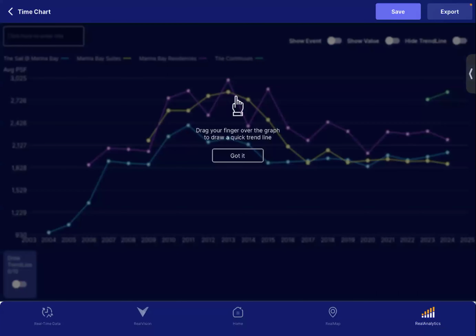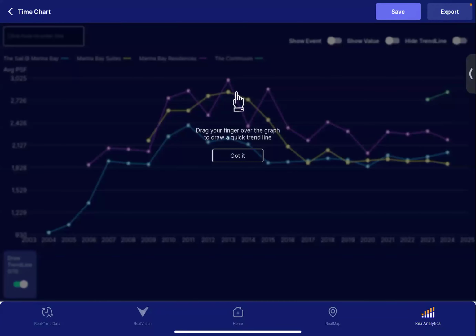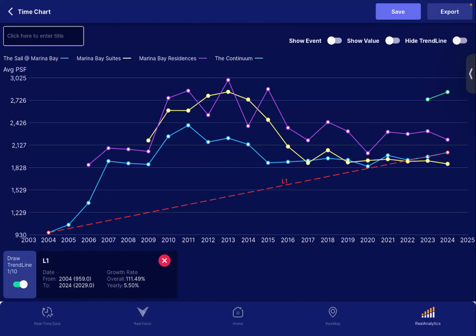You can actually draw a trend line across. Switch it on, draw from this point to this point, and it shows you how much it has moved. Take for example the sale, launched and started selling in 2004 until now, it moved by 111% growth. Every year it grew by 5.5% on average. Whereas for this one, purple color is MBR, it grew by only 18%.